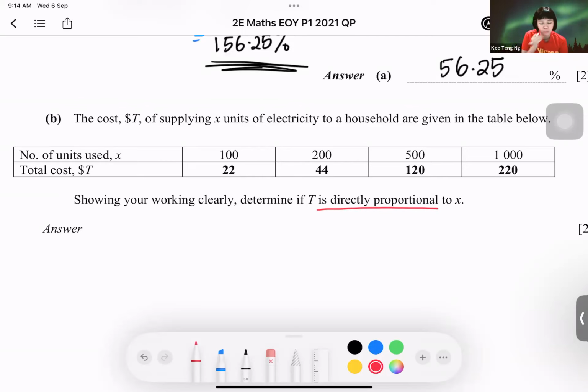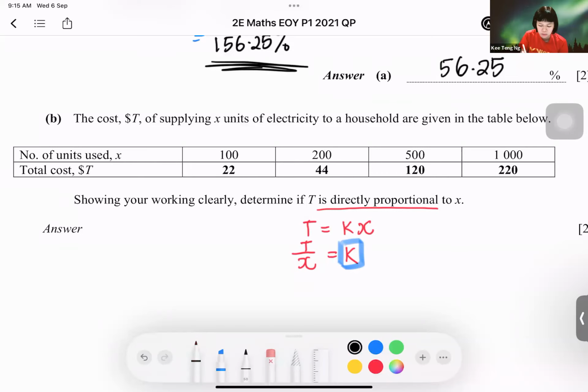If it's directly proportional, T will be K times X, right? So we need to check this constant K. How do I get this constant K? I take T divided by X. Is it the same K throughout for all the values given in my table?